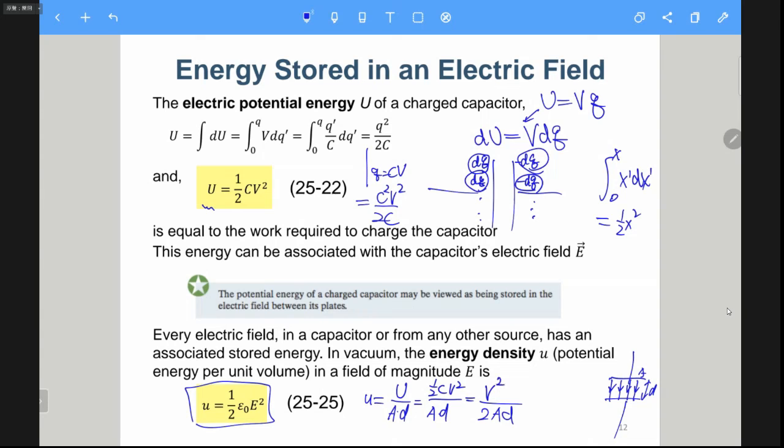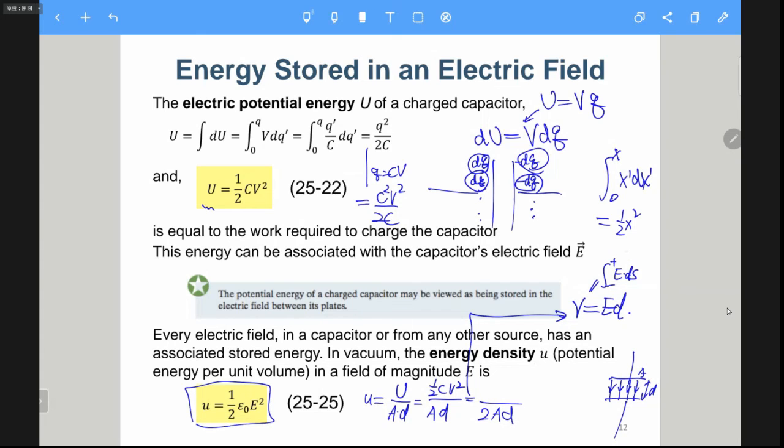Maybe we can directly put in, if you still remember, V equals ED. Just by this one, E dot ds from negative to positive. If it is uniform, it is nothing but E times the distance.